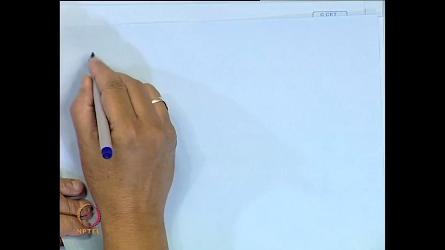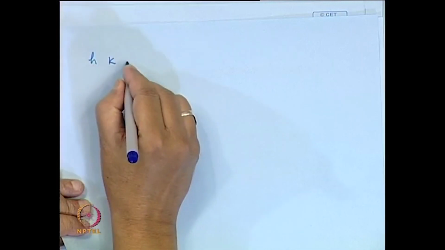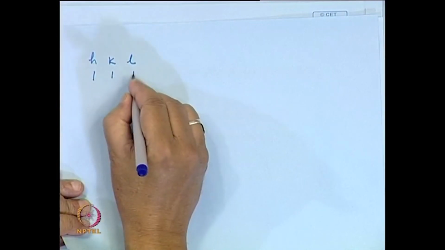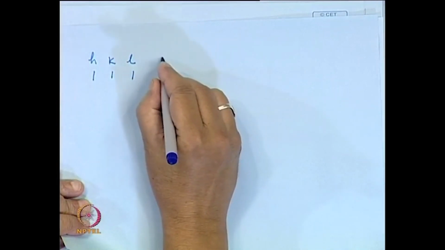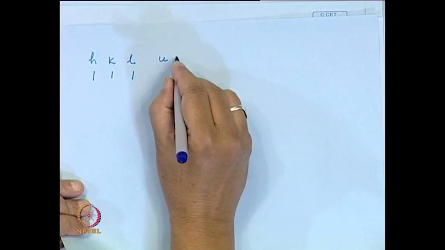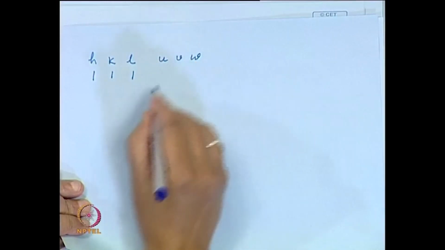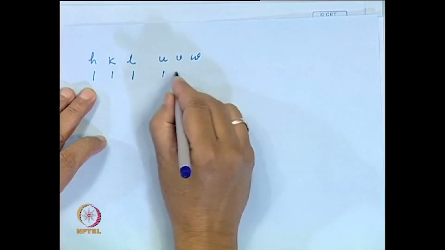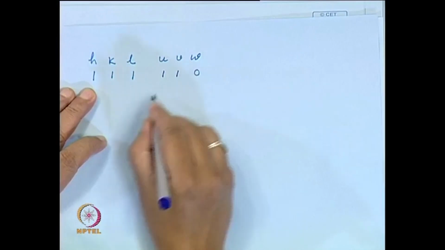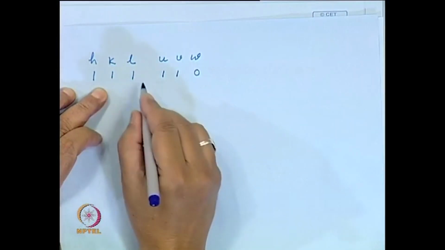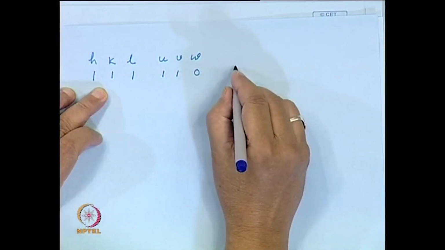Suppose you say the HKL slip plane 1 is 1 1 1, and you have to pick up the slip direction. Let us say the slip direction is U V W. Now, slip direction is 1 1 0. Now, this must lie on this plane, and to check this it is very easy.